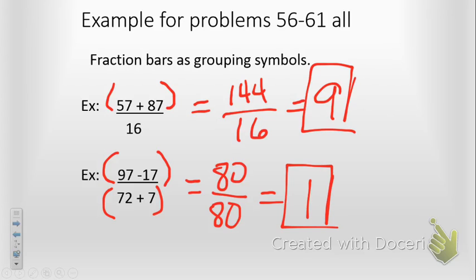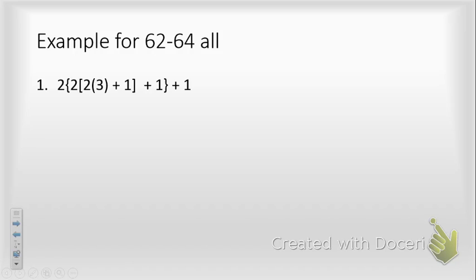Okay, last example here. We have multiple grouping symbols. So I've got the braces all around here. I've got a brace that goes all the way there, and then I've got a bracket inside that brace. And I've got to do the inside first. So I've got to do the bracket first.